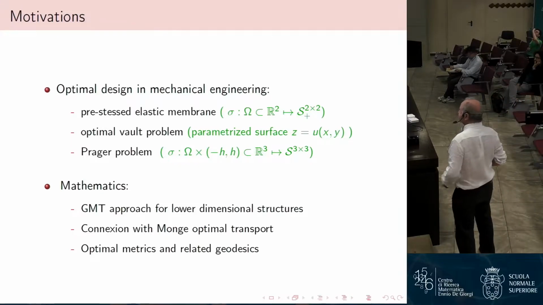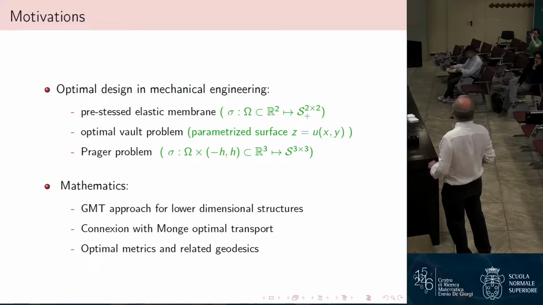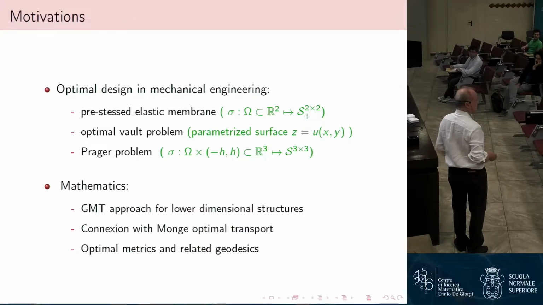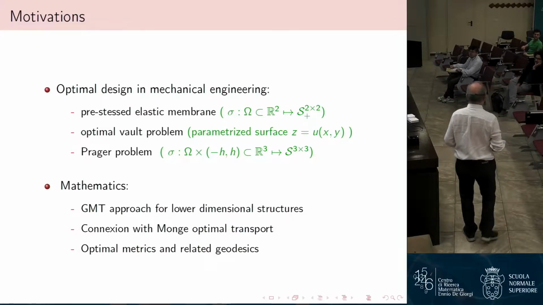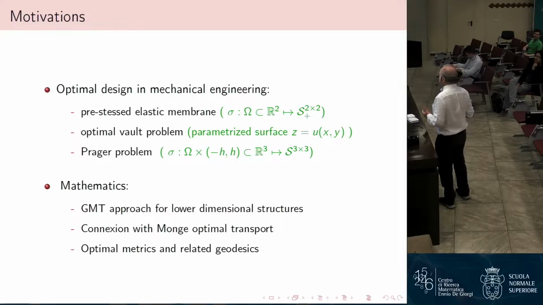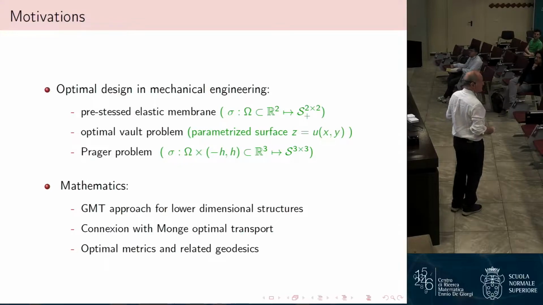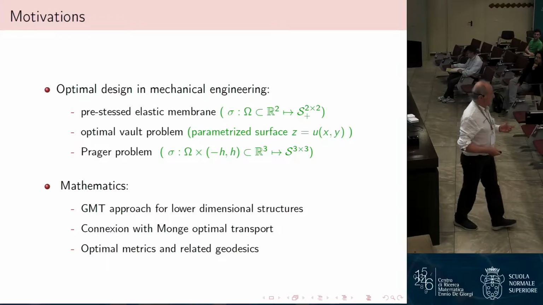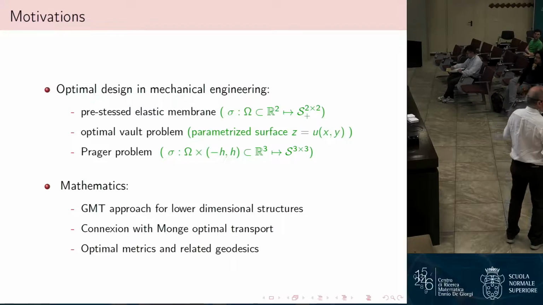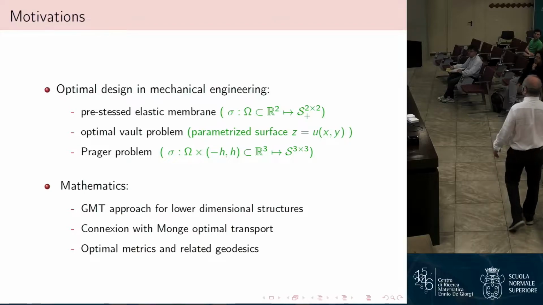Besides, when Karol visited me, he came from mechanics, but he switched to mathematics because he liked geometric measure theory very much. And he had to face a problem where you don't know a priori the dimension of the optimal structure. In mechanics, they like one-dimensional bars, so a set of bars, which is called a truss structure.